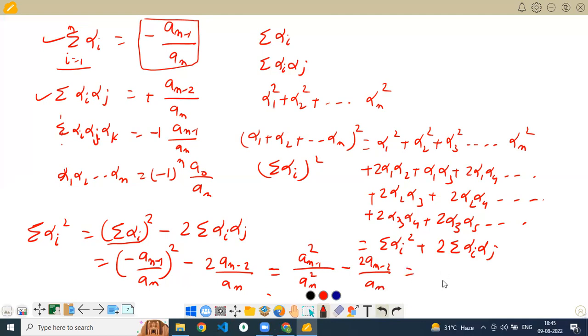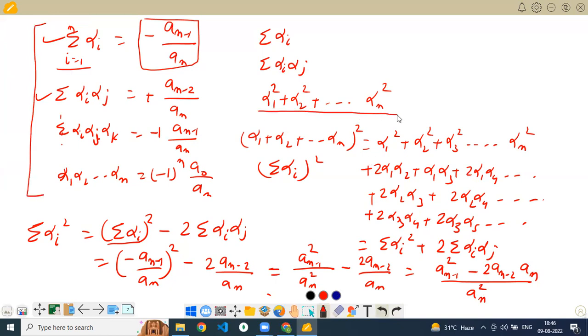So this gives us (an minus 1) square minus twice of (an minus 2) multiplied by an, divided by an square. So with these results, we are able to find out this result. Is this clear? Yes, sir.